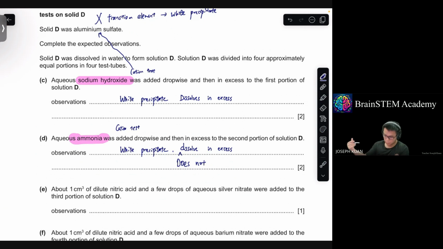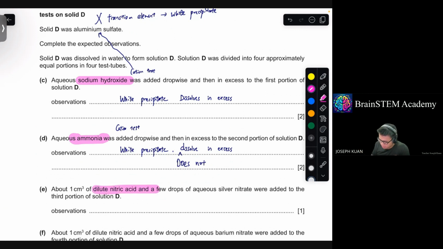Moving on to E, about 1 cm cube of dilute nitric acid and a few drops of aqueous silver nitrate were added to the third portion of solution D. Whenever you see silver nitrate in aqueous form, the silver ions are the main character here.